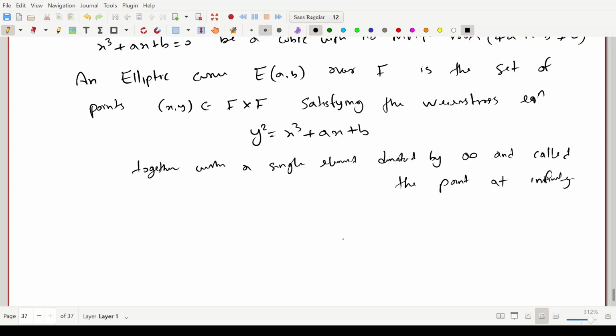If the discriminant is non-zero, then it is called a non-singular elliptic curve. Then in that case it has 3 distinct roots. Note: if 4a cube plus 27b square is non-zero, then the curve is called a non-singular elliptic curve.